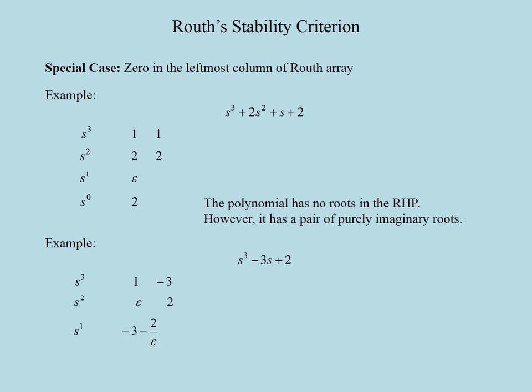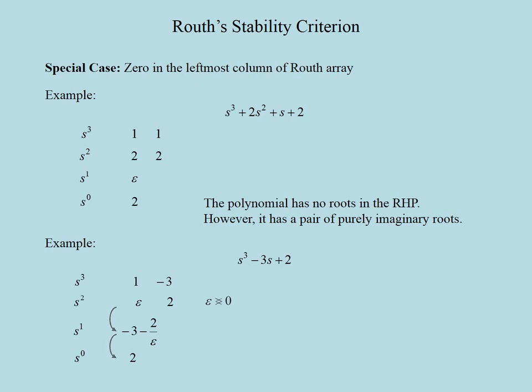So the element in the third row turns out to be minus 3 minus 2 divided by epsilon. And the last row is just 2. For positive epsilon, there are two sign changes in the leftmost column, namely from the second row to the third, and from the third row to the fourth.